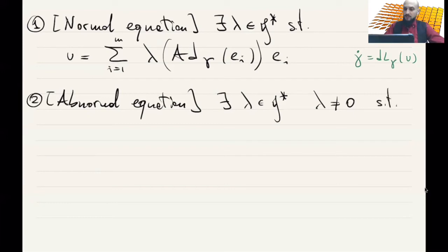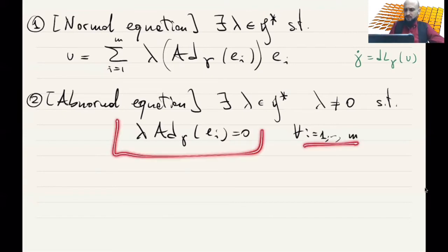So, if there exists some lambda for which lambda Ad_gamma e_i is equal to 0, and this is a system of equations. For any i, there is one equation.